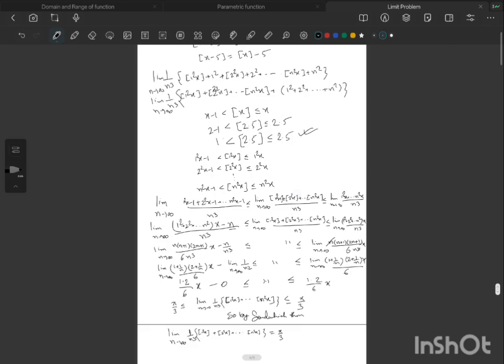Now we have evaluated the limit of this function as x by 3, and we have to evaluate the limit of the other function.